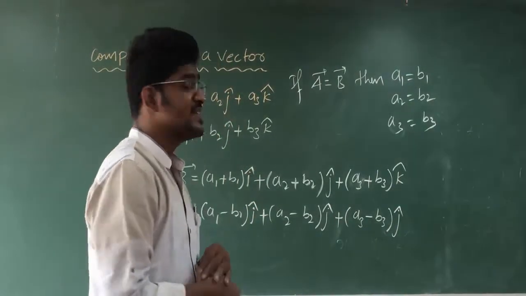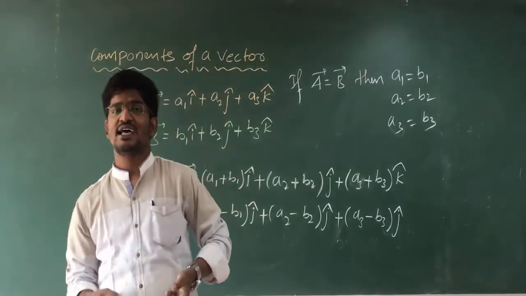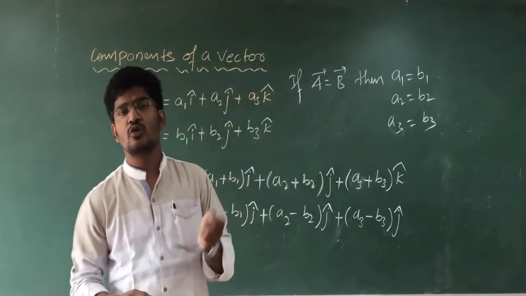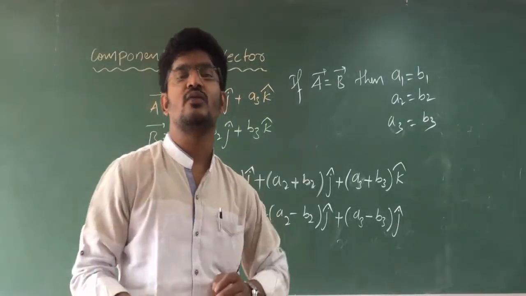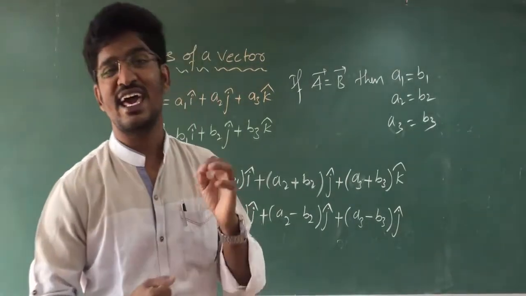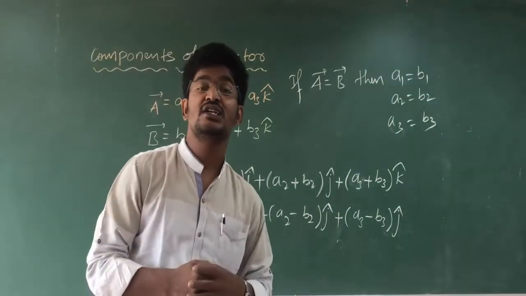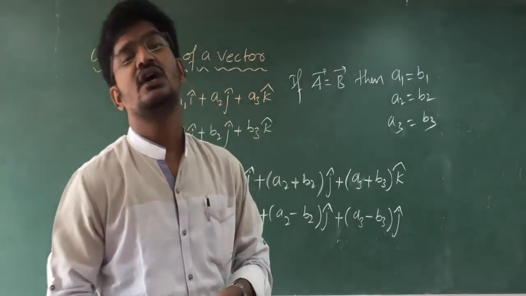So in exam they can ask define equal vectors. So you can define equal vectors as two vectors or more vectors are said to be equal if their direction and magnitude is equal.